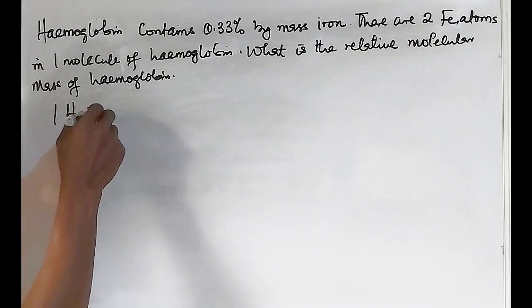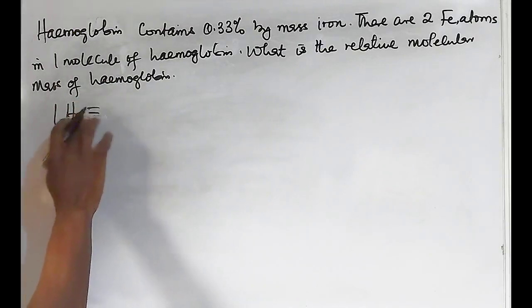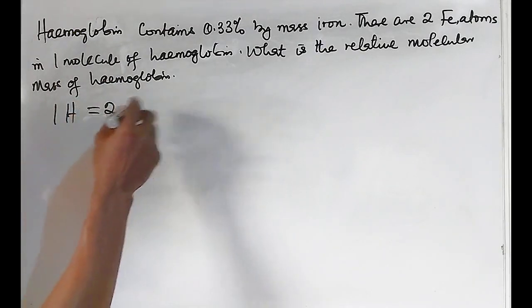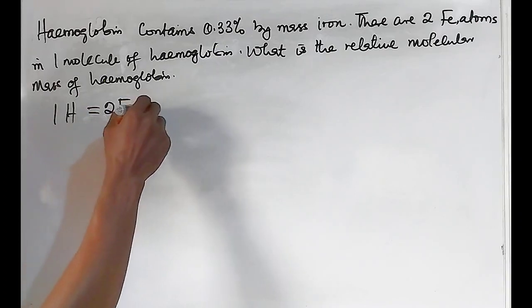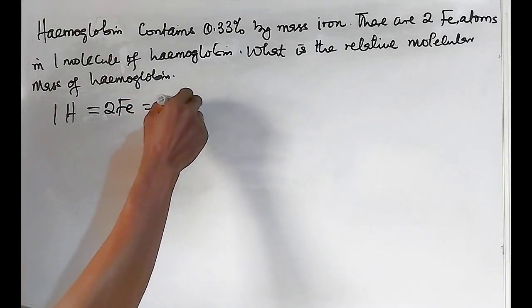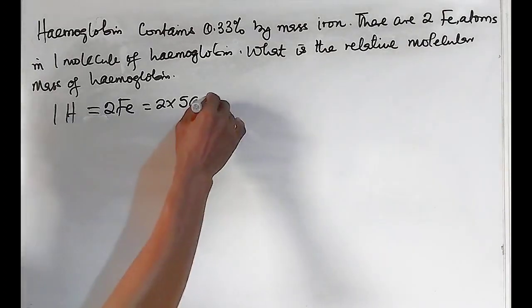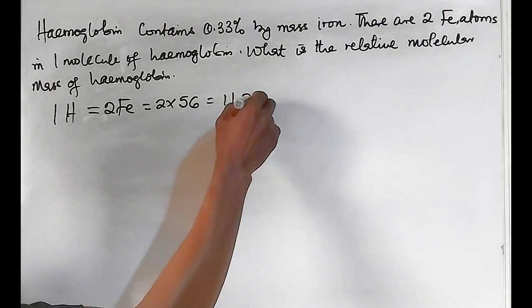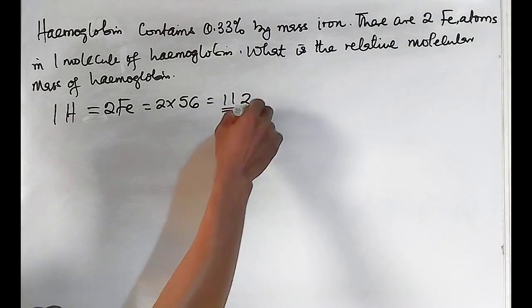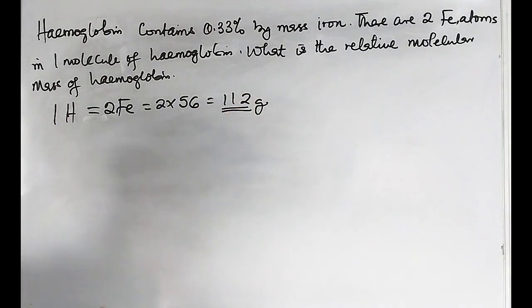contains 2 atoms of what? Iron, which implies 2 times what? 56, which is the approximate atomic mass of iron, and this should give us 112. Okay, this is the mass.